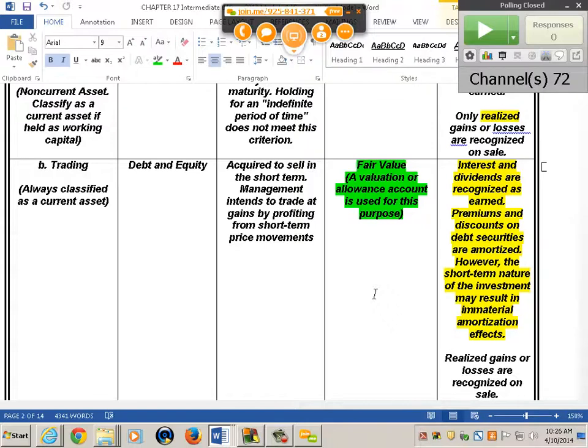Yes? That's not quite a contra asset. It's not, no, because if it has a debit balance, it's an adjunct account. So when it has a debit balance, it would be like an adjunct account, and if it has a credit balance, it would be a contra account.